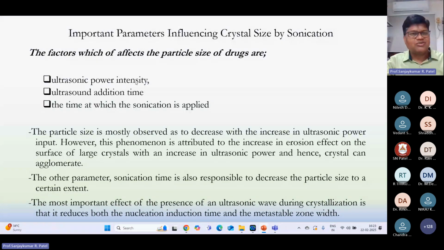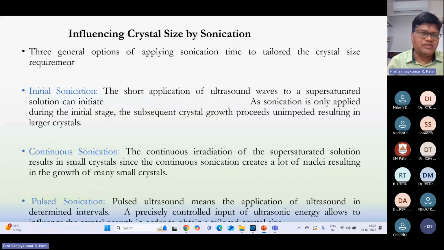So we just need to have control on the ultrasonic parameters. So if I need to do this, how do I control these ultrasonic parameters? There are three ways by which you can apply ultrasound in a solution.